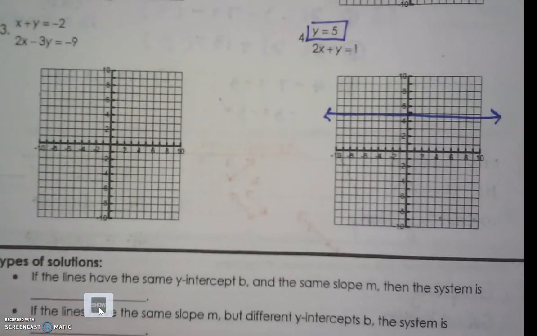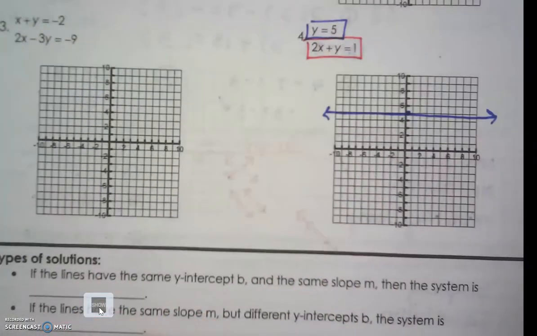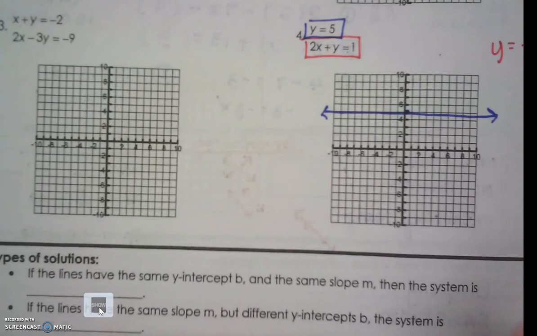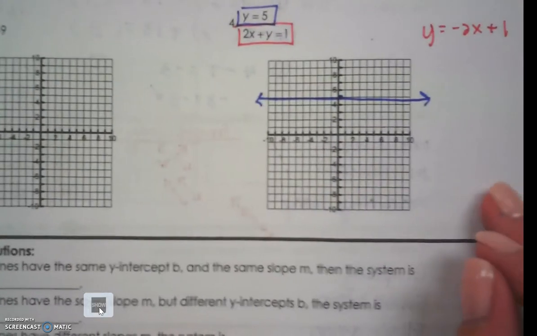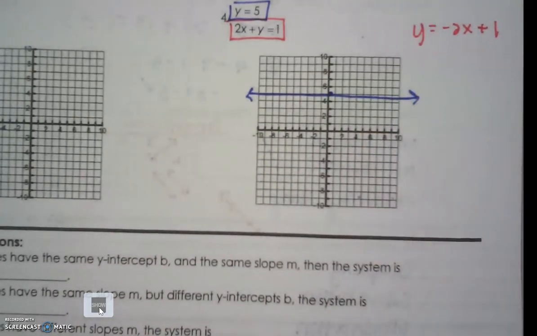I am going to have to solve for y in this equation. Again, I'm going to do it off to the side. It'll be y equals negative 2x plus 1. And luckily for this equation, just by moving that x, I got y totally by itself.